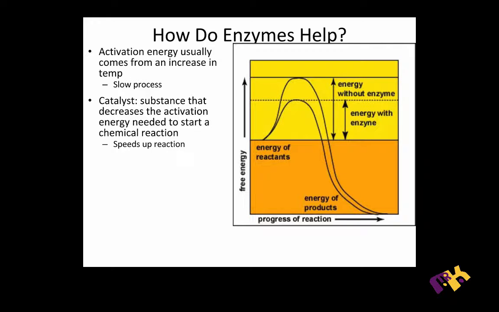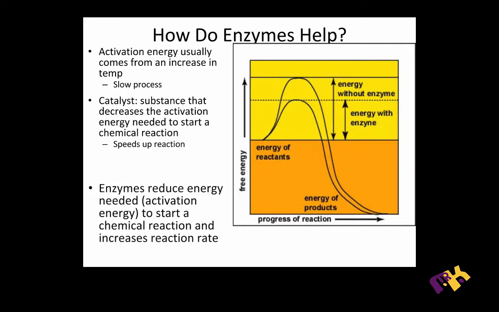We need to make use of a catalyst, and in this case an organic catalyst, that will allow us to perform the same chemical process but require less energy to activate it. And so that's what these enzymes are going to do. They're going to reduce the energy needed for activation. And that activation energy is simply the energy needed to start a chemical reaction, or start a process.